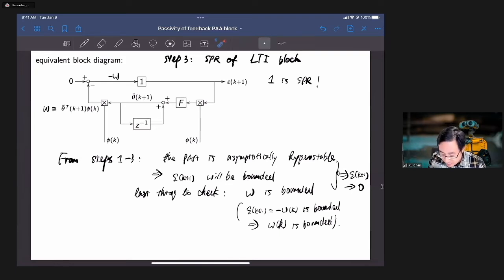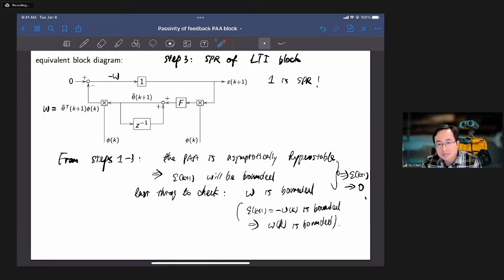Then finish up with showing that the signal here is a bounded signal. Then we can have the error converging to 0 condition. That is the stability analysis.